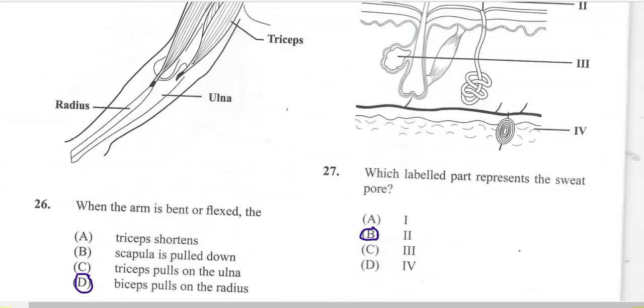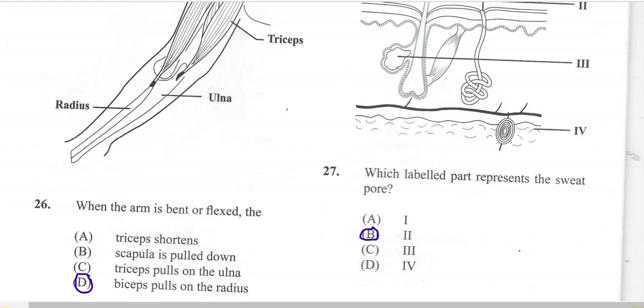When the arm is bent or flexed, the arm being pulled closer to your chest, the palm closer to your chest, our answer is going to be D for 26, as the bicep pulls on the radius. Definitely not the tricep. The tricep is not going to be shortened. It's actually going to be lengthened. Remember, the tricep is that muscle at the lower side of the arm, and the bicep at the top.